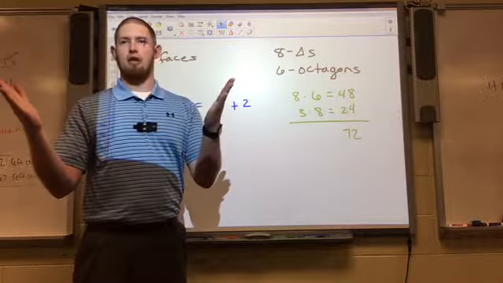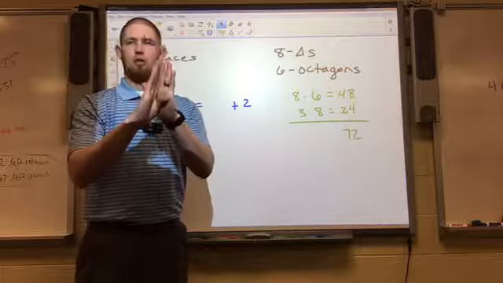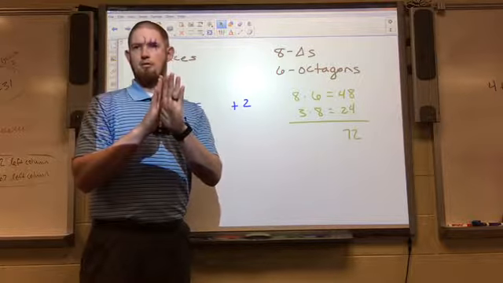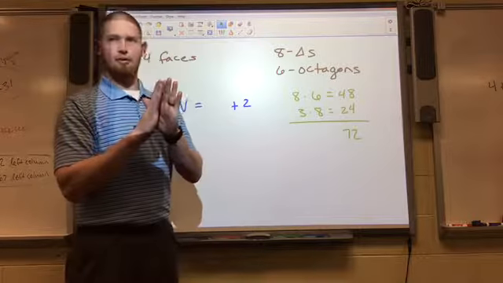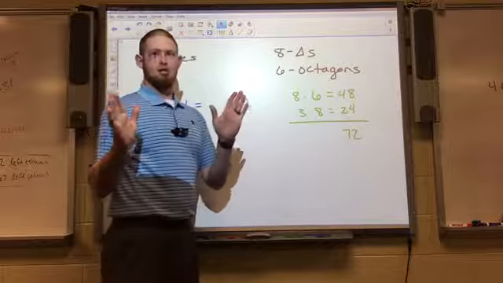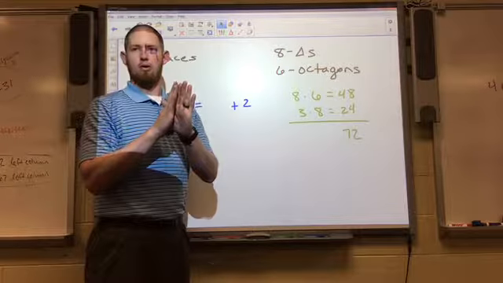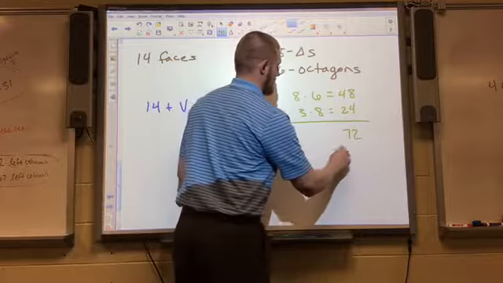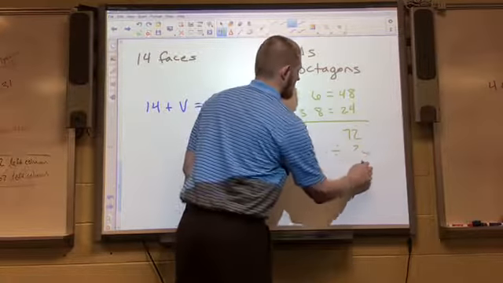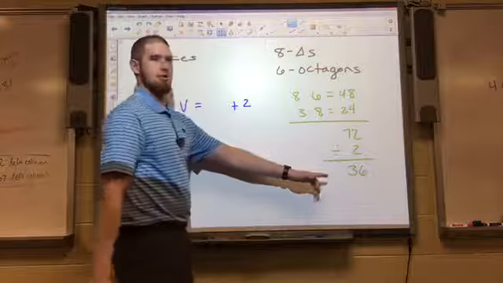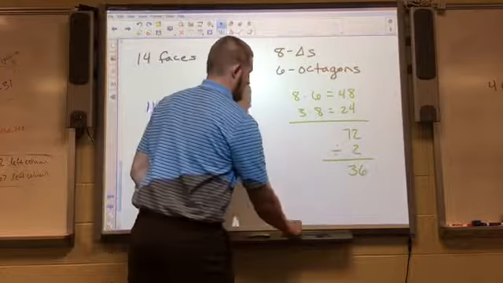So I'm not going to take 3 edges and combine them into one place, I'm just going to take 2 and combine them into one place. Does that make sense? I get what you're thinking, though, with the 3 edges on the triangle. But each edge is going to combine with one other one. So I need to divide by what, Carson? 2. And I get 36. That's how many edges I have in my actual shape.